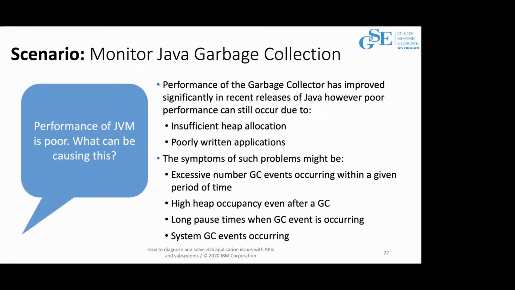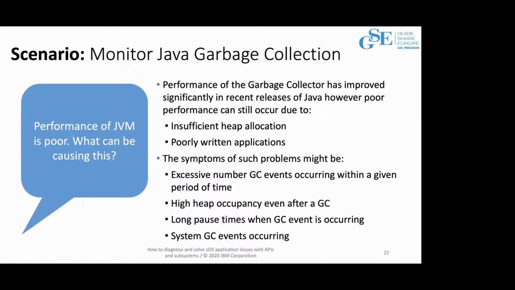Long pause times when a garbage collection event is occurring. When garbage collection occurs, although it depends if you're using pauseless, your JVM will be paused as that garbage collection is being carried out. So be careful if there are long pause times, as that can affect your application performance as well.